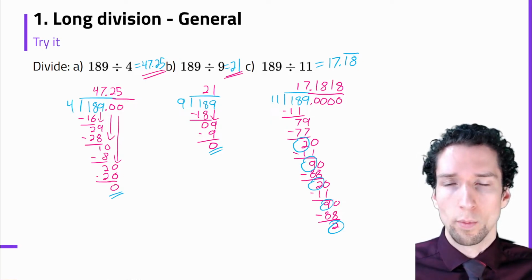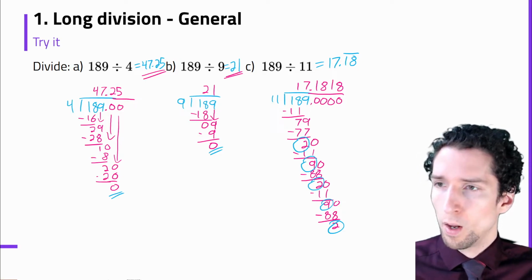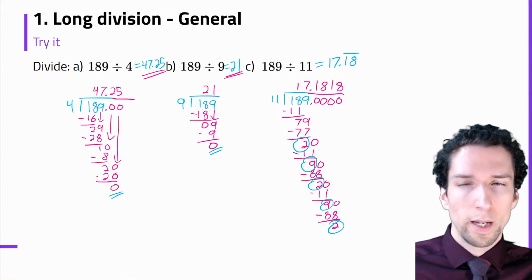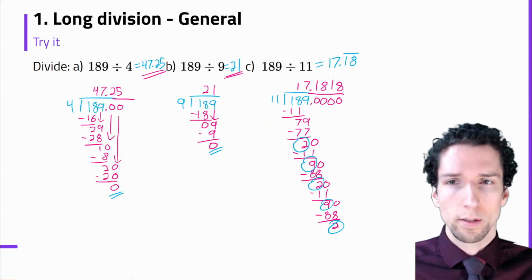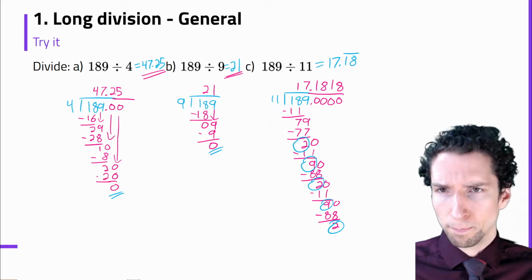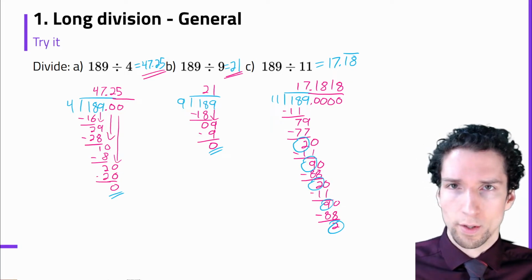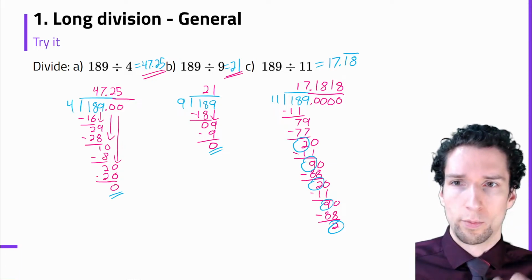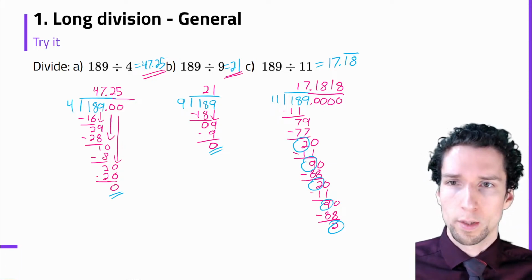So 181818 forever. So that's not a clean decimal, but it's still a nice result. It's not some messy decimal that will just constantly be changing. So we can express it in this way, 17.18 repeated.